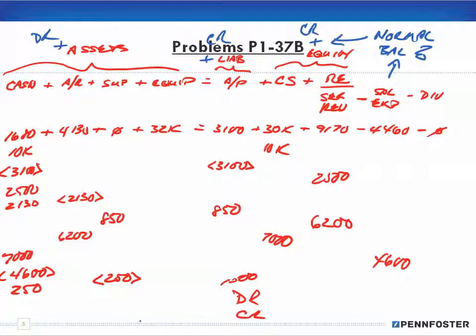Well, it's decreasing. So if I'm decreasing my cash, I'm crediting my cash for $1,500, and that means I have to debit something else. Well, I'm paying a dividend, so that means I have to debit dividends for $1,500, right? So that's the journal entry for it.